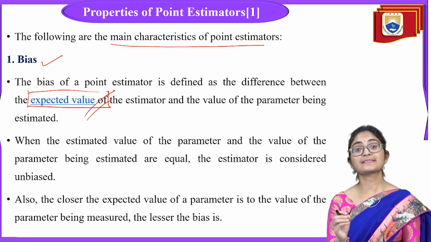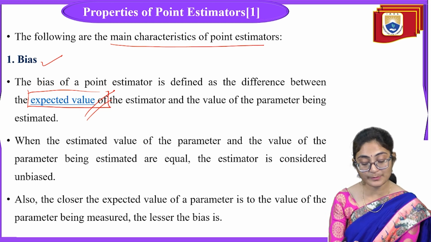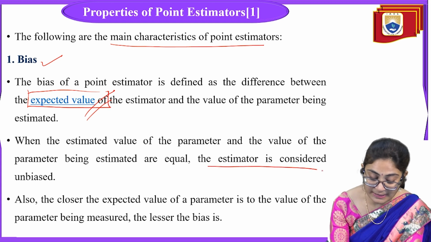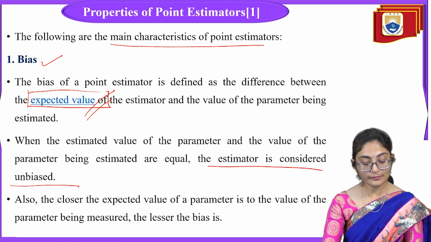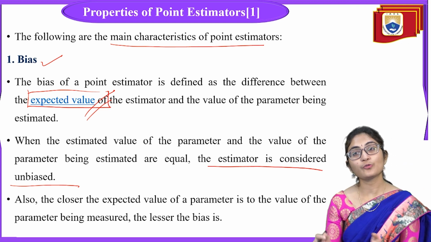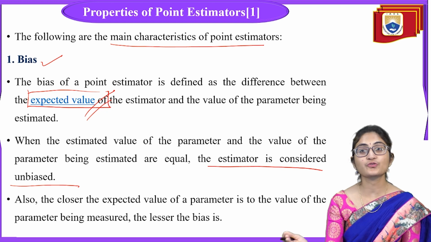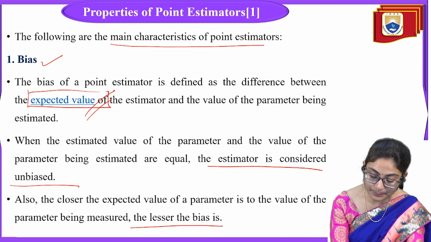When the expected value of the estimator and the value of the parameter being estimated are equal, the estimator is considered unbiased. Also, the closer the expected value is to the value of the parameter being measured, the lesser the bias.